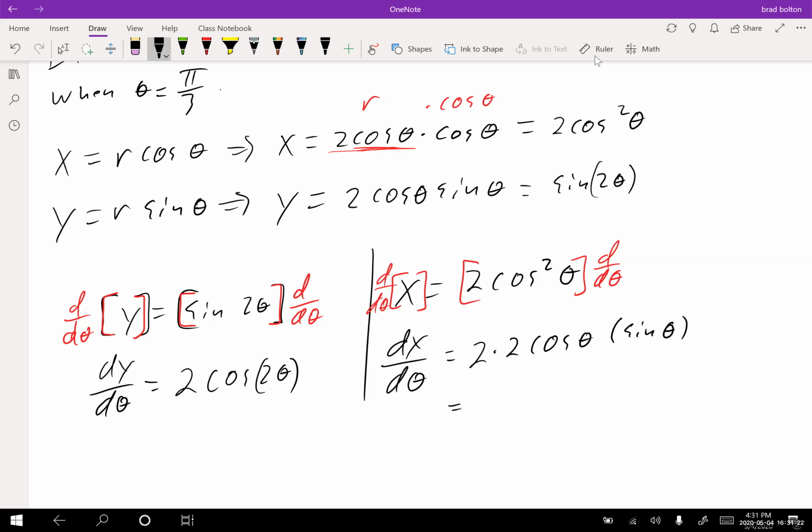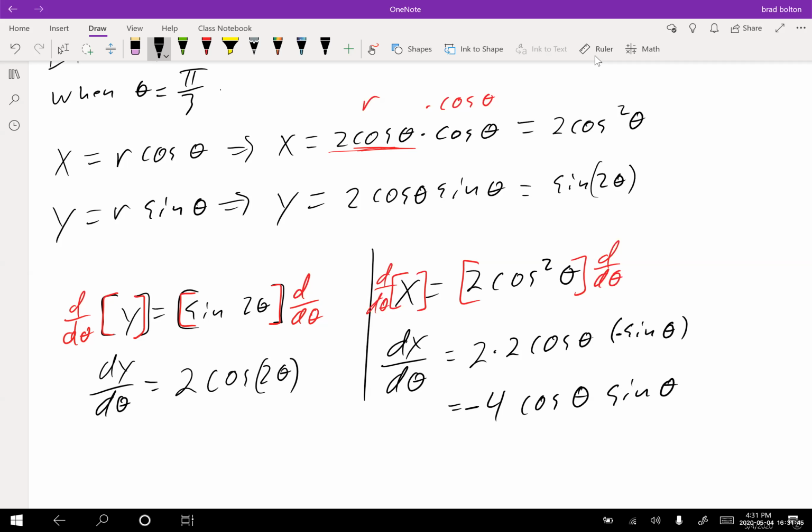So this equals negative 4 cosine theta sine theta, okay?